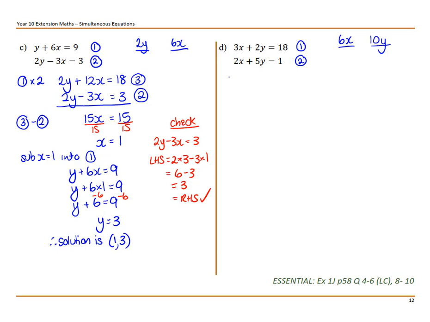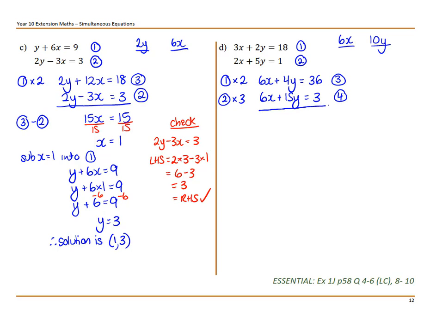So to get 6x in both, I'm going to have to multiply equation 1 by 2. So that gives me 6x plus 4y equals 36. That's now my equation 3. I then have to multiply equation 2 by 3. So that gives me 6x plus 15y equals 3. So that's equation 4.